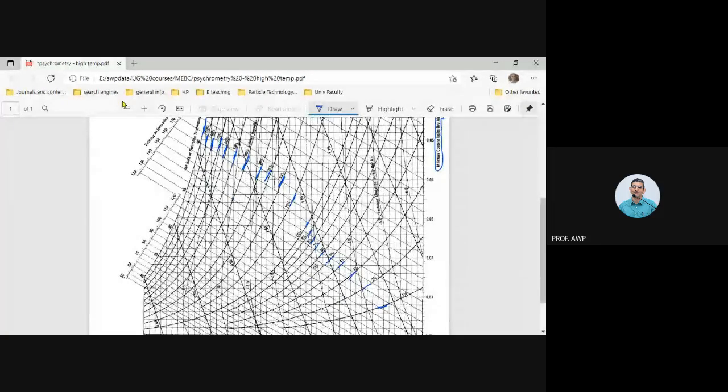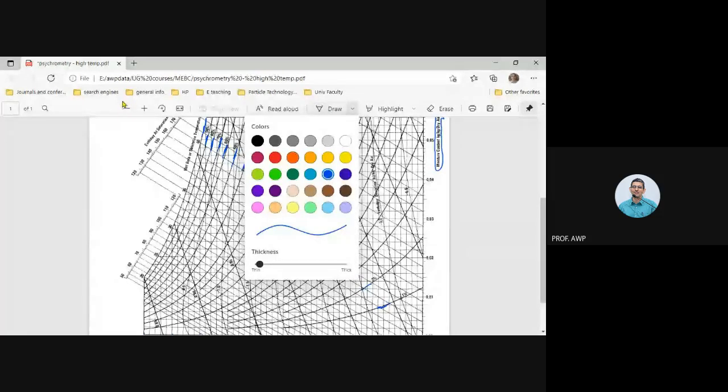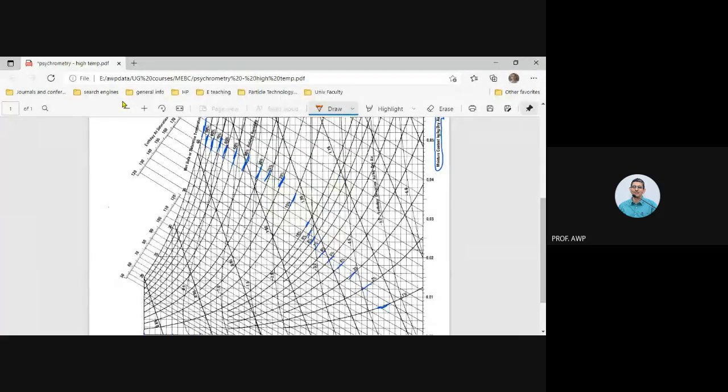These lines are corresponding to the wet bulb temperature. So this line corresponds to wet bulb temperature of 35 degrees centigrade. This line corresponds to 30 degrees centigrade.